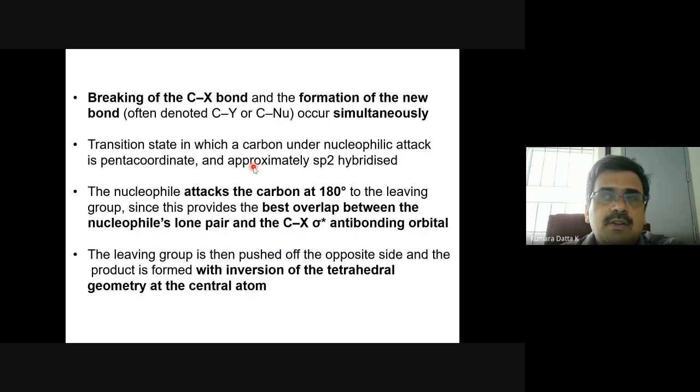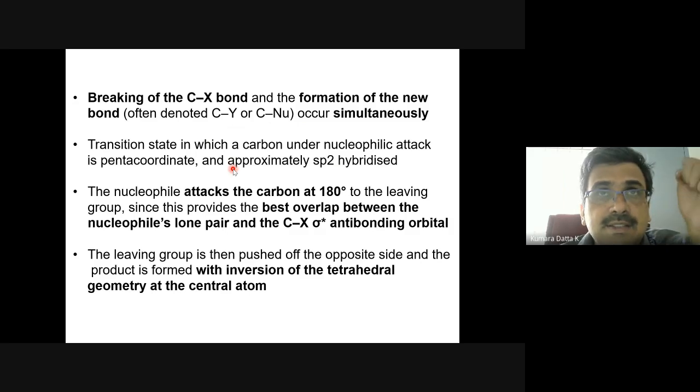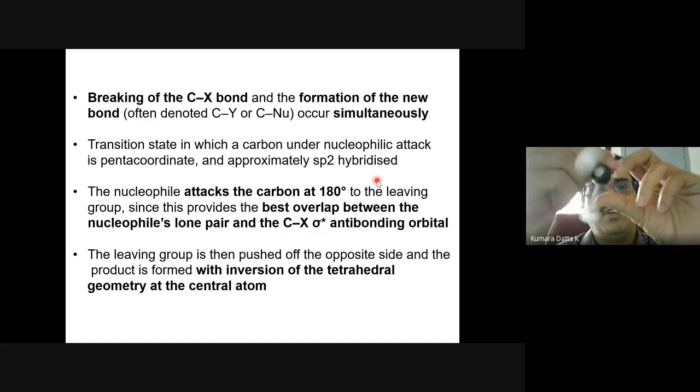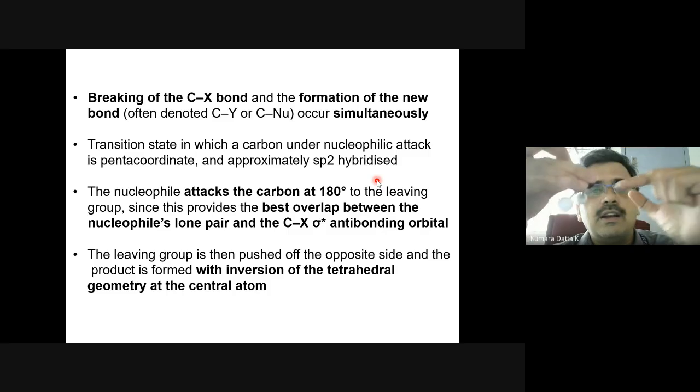Now, if you look at both the reaction mechanisms, SN1 and SN2, in both cases we are breaking the C-X bond and creating the carbon-nucleophile bond, the leaving group and nucleophile essentially changing simultaneously. In the transition state, you get the pentavalency of carbon, it is penta-coordinated and still sp2 hybridized, because you can see we have this configuration with one nucleophile here and one leaving group here.